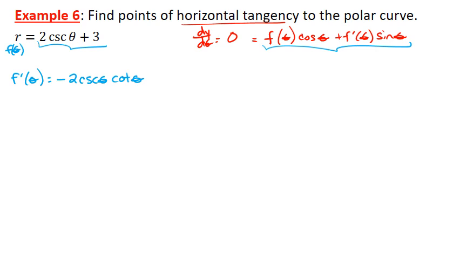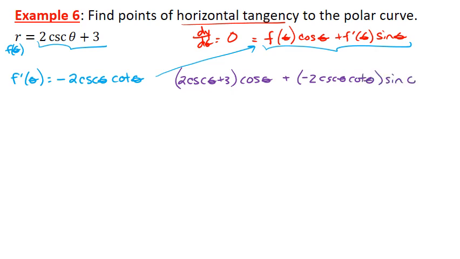Now plugging it in here, I get the following: 2 cosecant of theta plus 3 times cosine of theta, plus the derivative, negative 2 cosecant theta cotangent theta, times sine of theta.